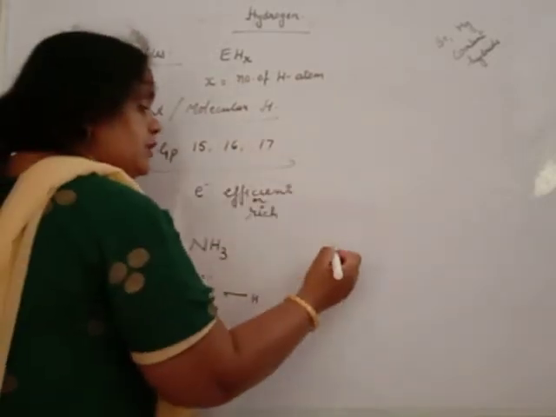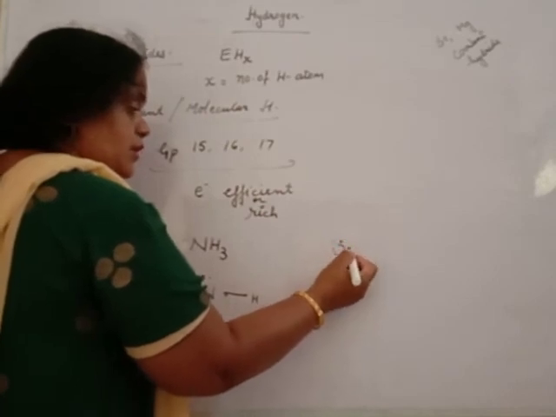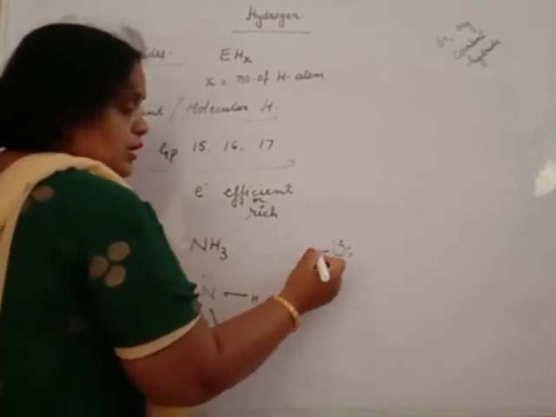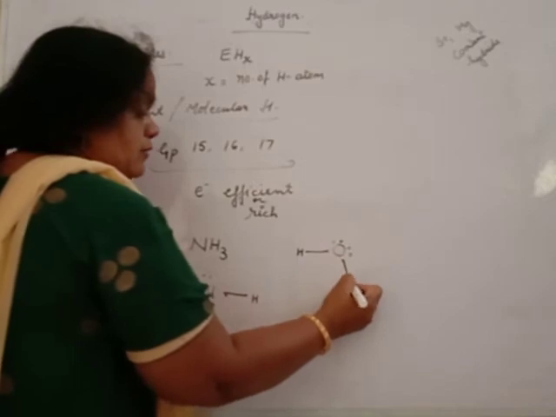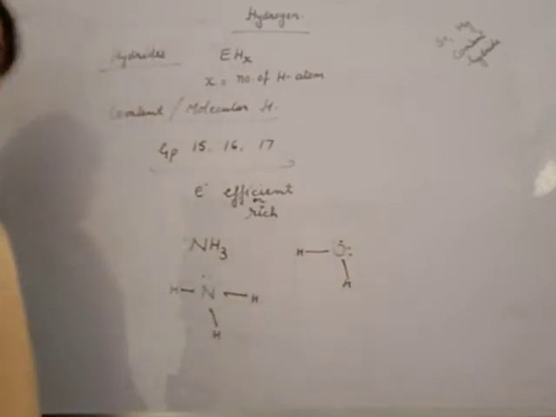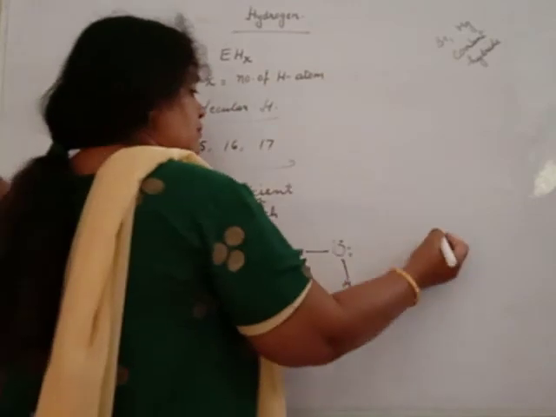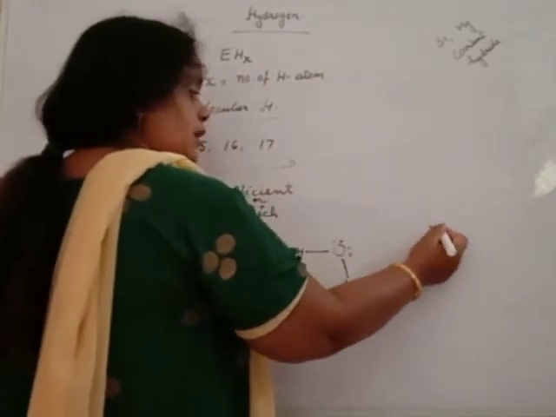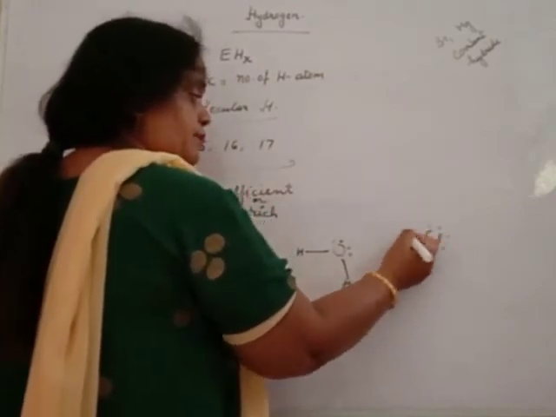The element of group 16 is oxygen. It has 6 electrons in the outermost shell. Out of 6, 2 are shared and 2 are lone pair electrons. They have a tendency to lose these lone pair electrons to other electron deficient compounds. Group 17 may be fluorine, chlorine, bromine, which have 7 electrons in the outermost shell.